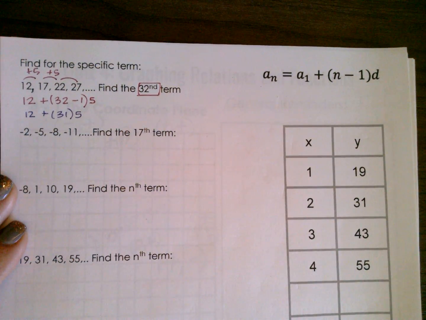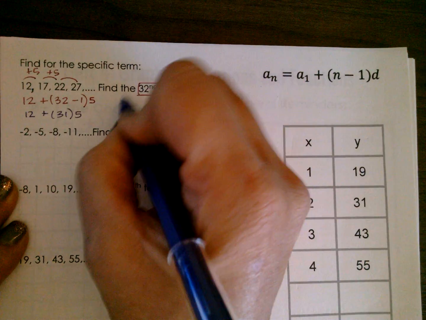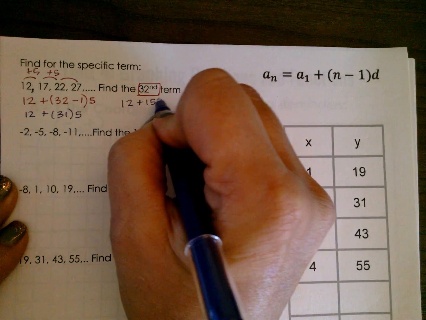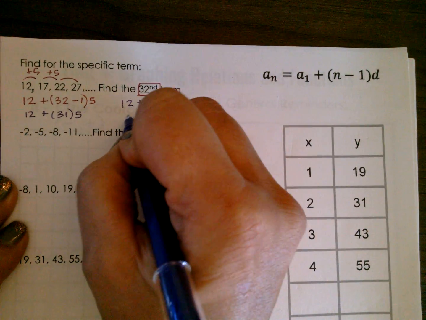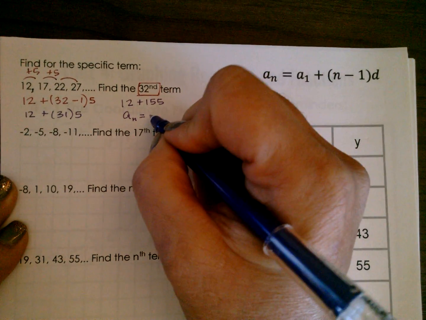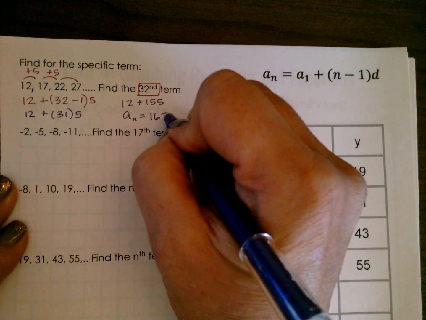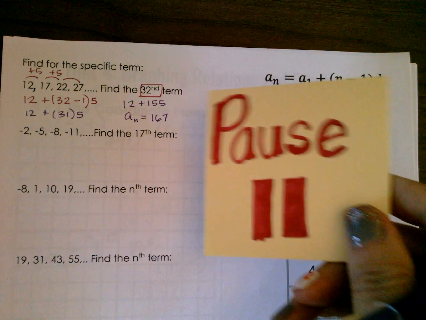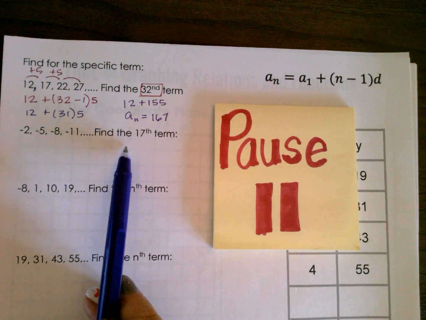I would have 12 plus 155. The 32nd number in the pattern would be 167.